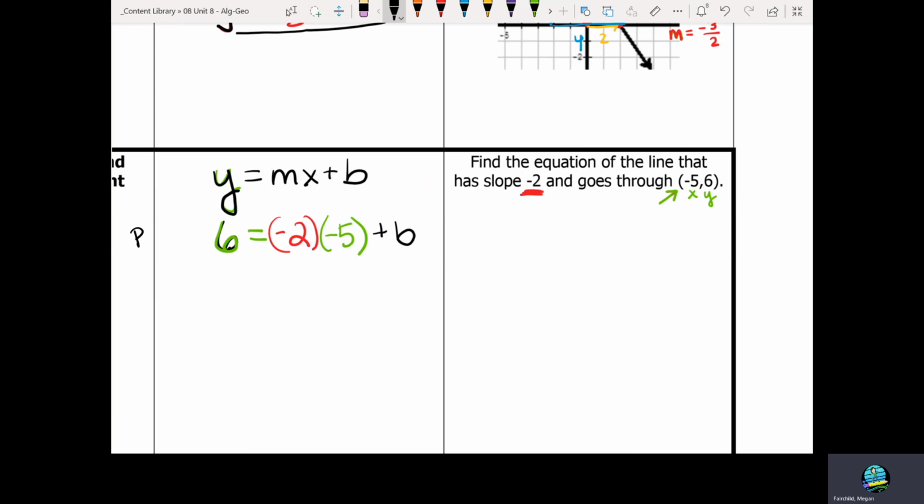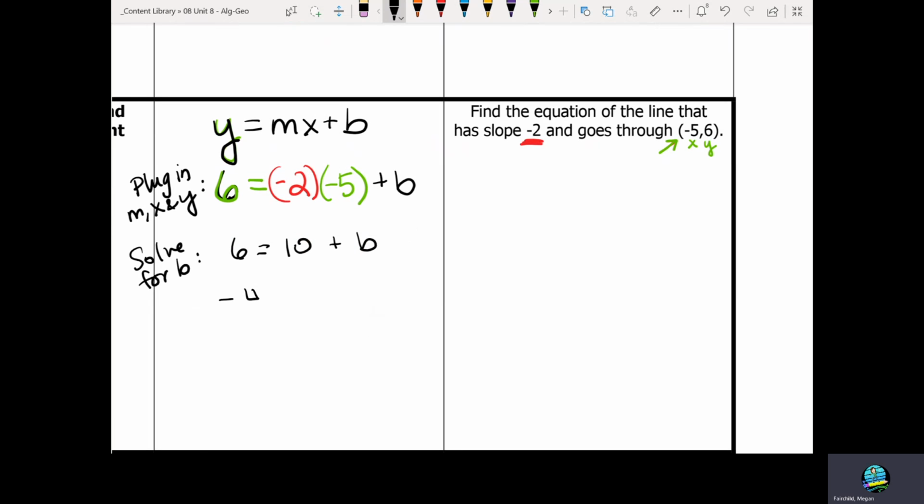So we're plugging in M, X, and Y. Then we can solve for B. So we just multiply. 6 equals 10 plus B. So B equals -4.